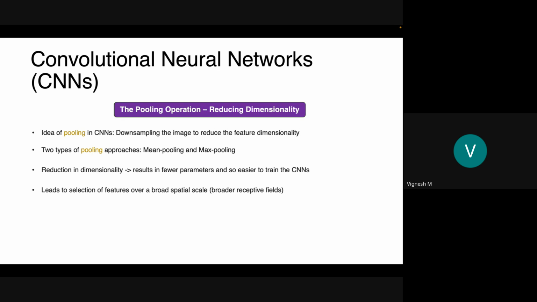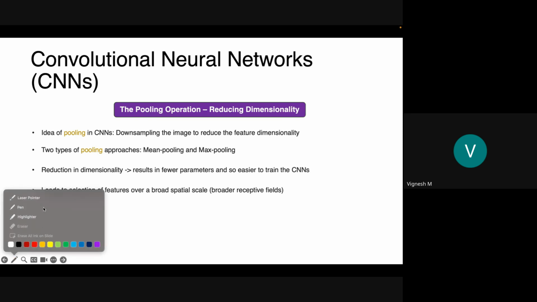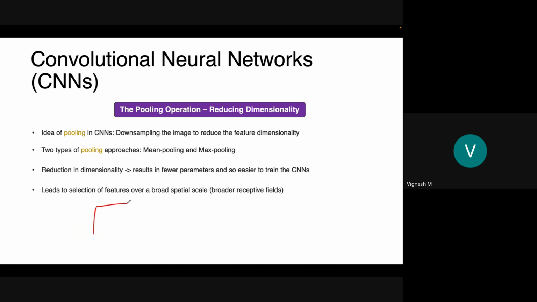So the idea is, if you go back to the receptive field concept, right? When we were talking about that, the very earlier layers look at a very small part of the image. But then as you go further and further, you're looking at a little bit bigger part of the image, and so on and so forth.